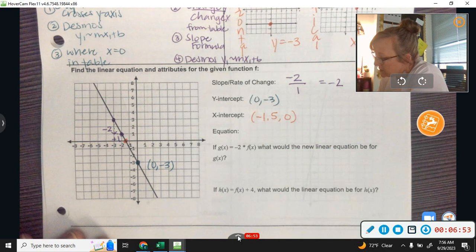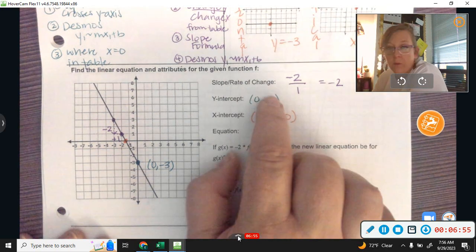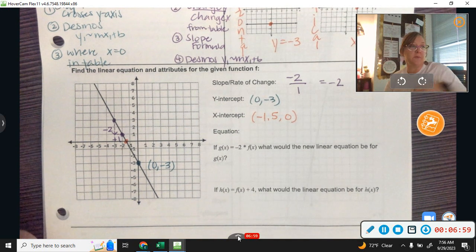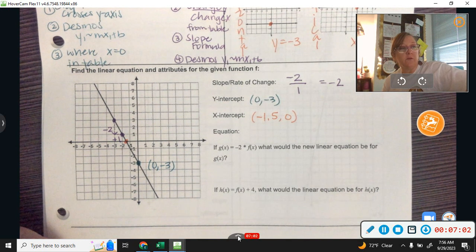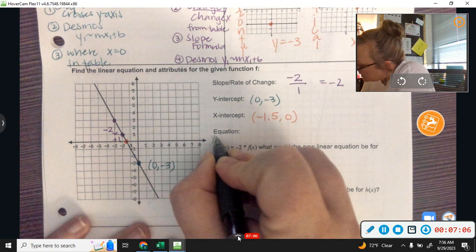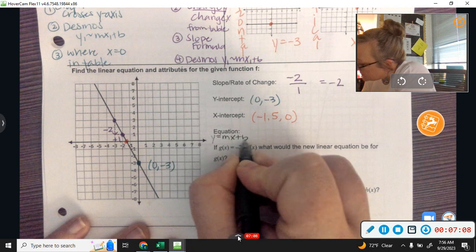Okay, so once we've got our slope and our y-intercept, we can write our equation, because we know that y equals mx plus b is our slope formula. So y equals mx plus b.